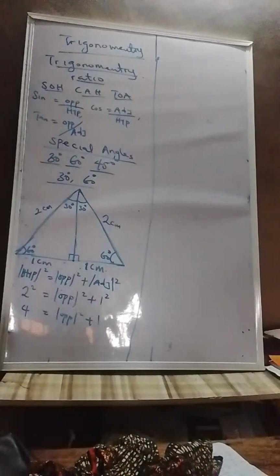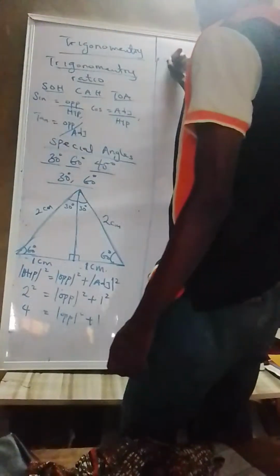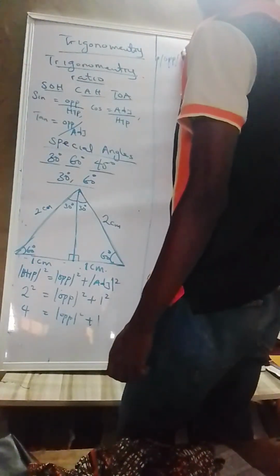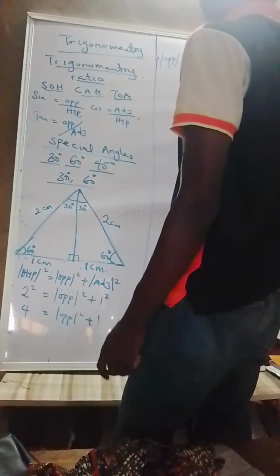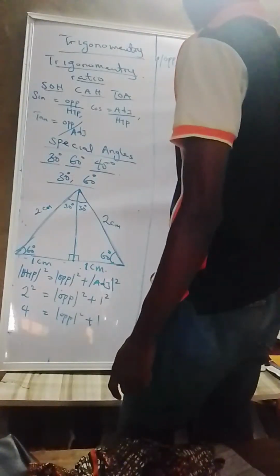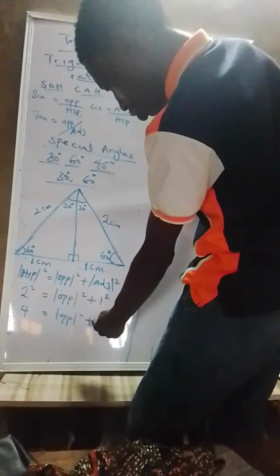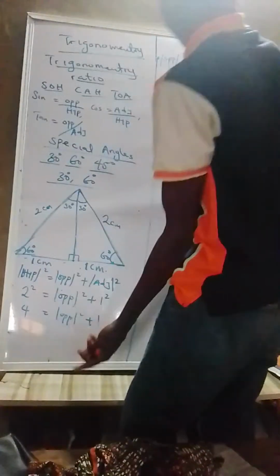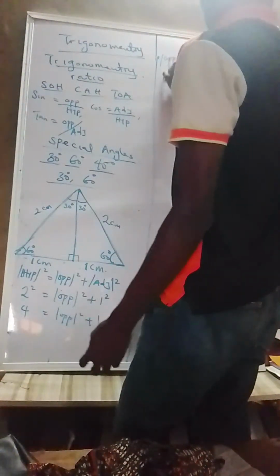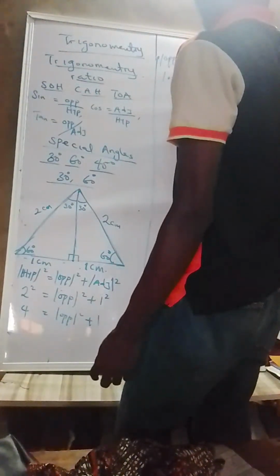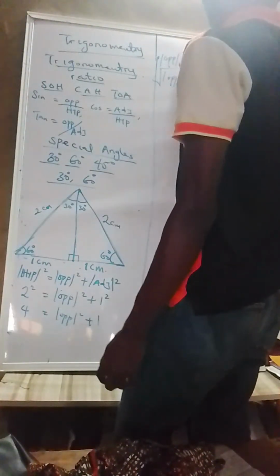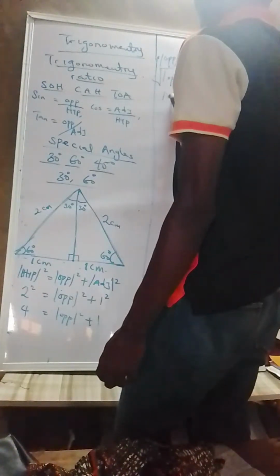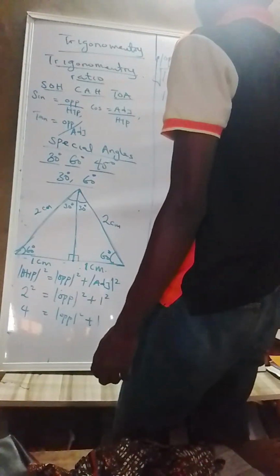Then eventually opposite squared will be equal to 4 minus 1, because the 4 will come to this place. So opposite squared equals 3. Opposite equals root 3.